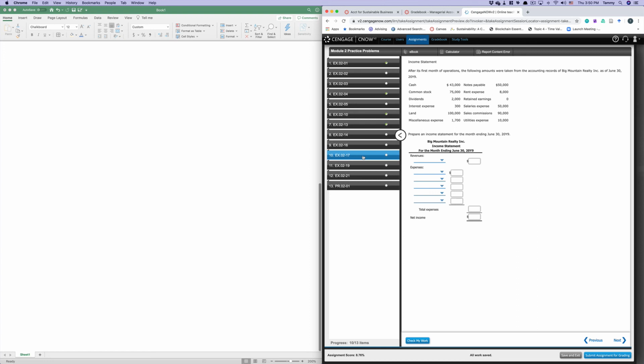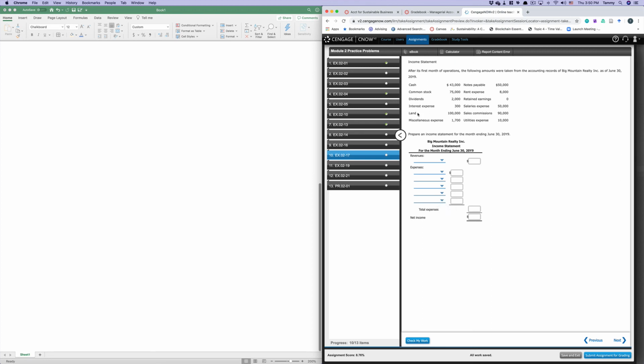This is an income statement, and the key to this problem, what screws people up here, is recognizing which accounts belong in an income statement and which do not. Right? Income statement is only revenues and expenses. If you see the word expense, it goes in the income statement.